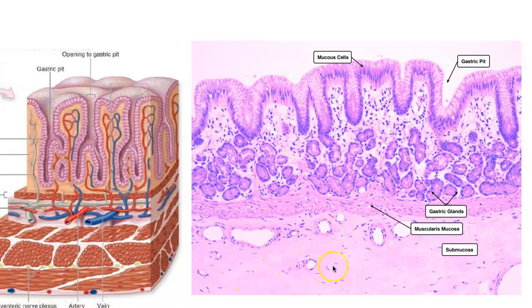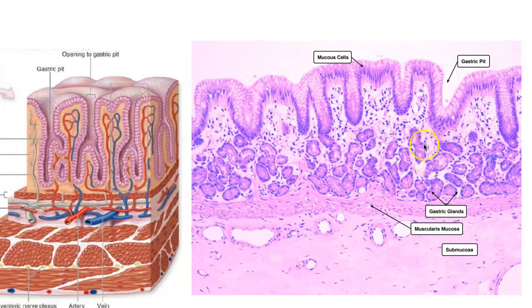Here it is on a histo slide. It looks almost exactly like it. So we can see our lining epithelium is simple columnar. We have our lamina propria here. This is all lamina propria. And this is just showing you cross sections of all these gastric glands. These are gastric glands down here. They call them gastric glands because glands are secreting something into a tube onto a surface.